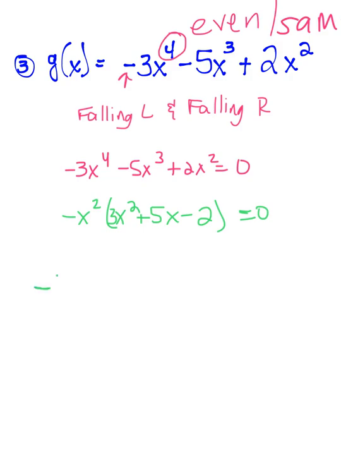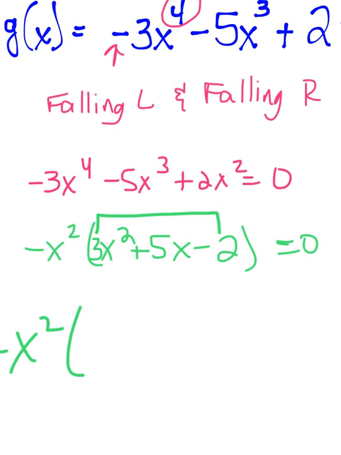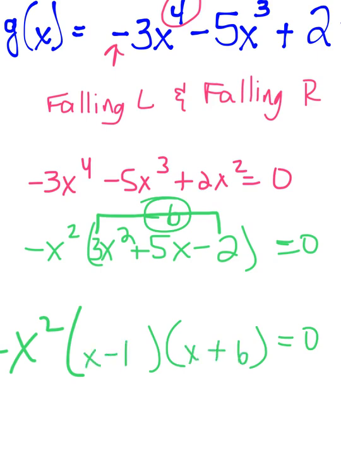All right, I still have my negative x squared out in front. So when I factor, I have 3 times negative 2 is negative 6. What are the factors of negative 6 that multiply to give me negative 6, but add to give me positive 5? Yep. How do I factor this? Divide everything by 3. Good.